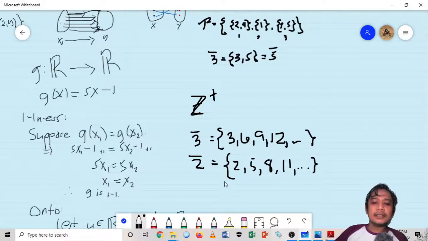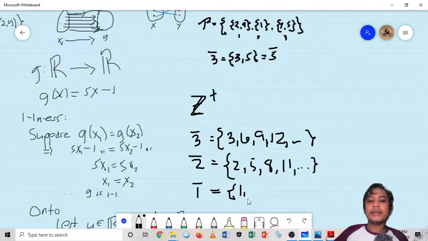And lastly, those that would give a remainder of 1. That would be the cell that would contain 1, because 1 divided by 3 is 0, remainder 1. So the remainder is 1. Then we have 4, then 7, then 10, and so on.